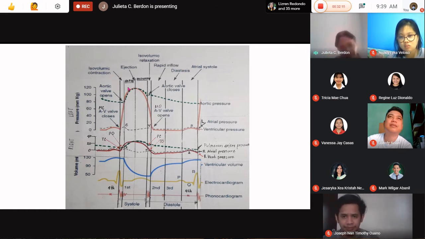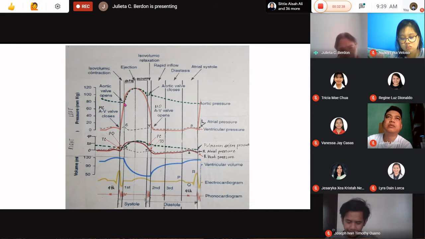It is contracting in isovolumetric contraction, and all the valves are closed, so it is contracting but there is no change in the volume of the ventricle, and the length of the muscles will change. Then there will come a time that ventricular pressure becomes greater than aortic pressure.